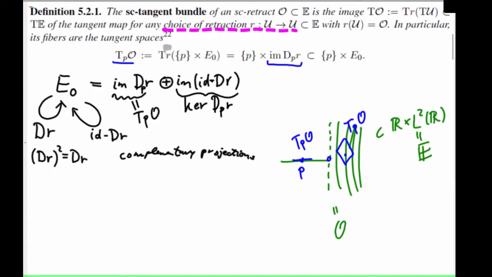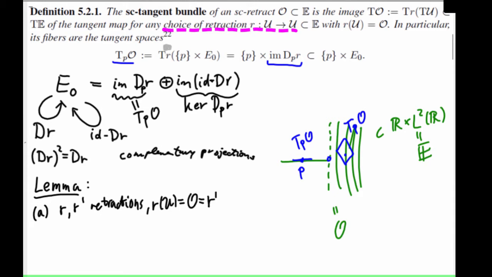So, right. The obvious question is what happens when I now change the retraction? Right, so if I have two scale smooth maps that square to themselves, and they have the same image, oops, that looks too much like an O prime here. Let's call that a U prime.